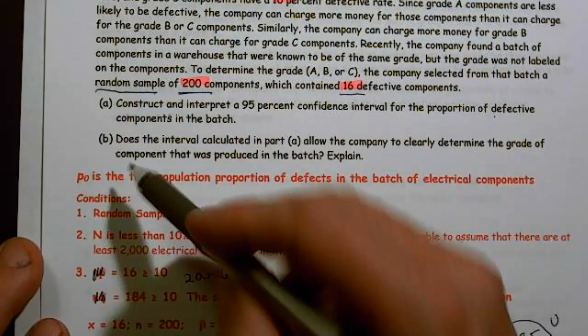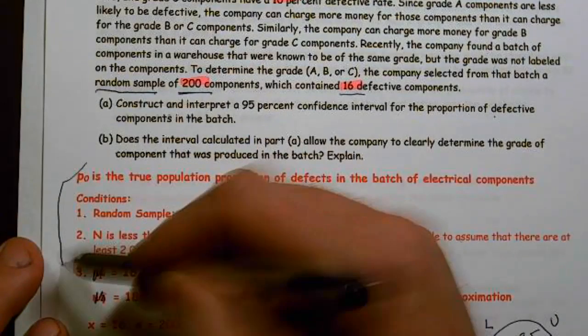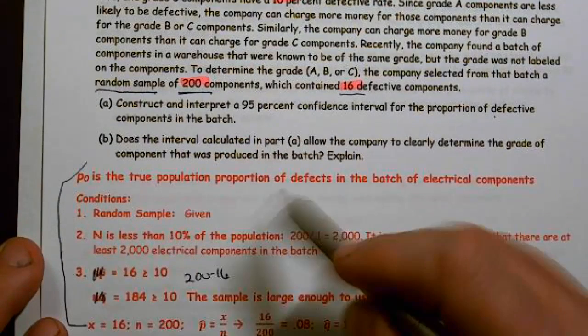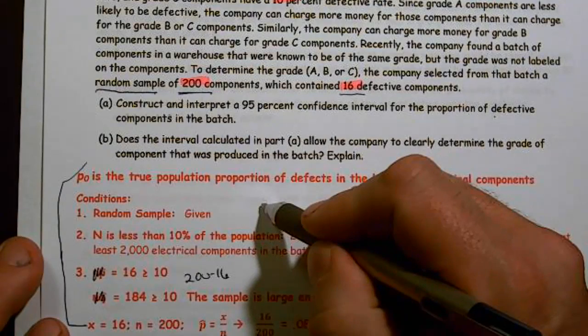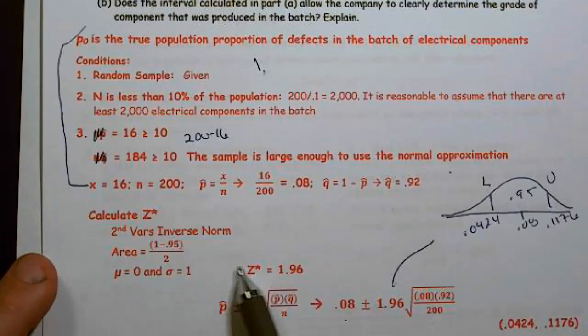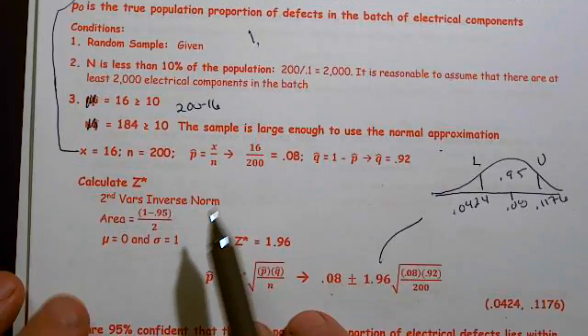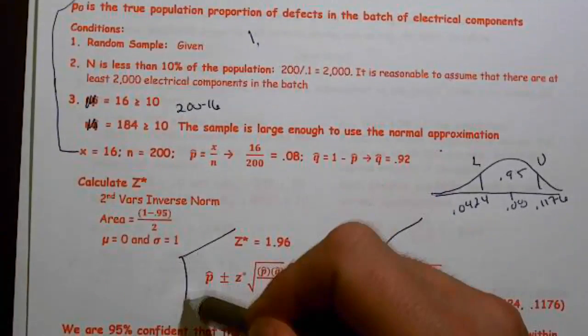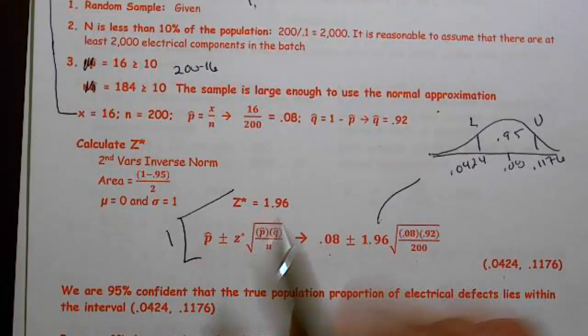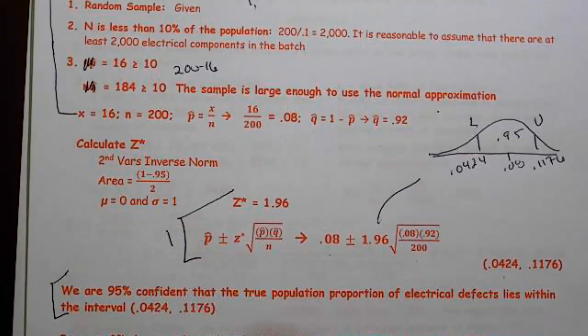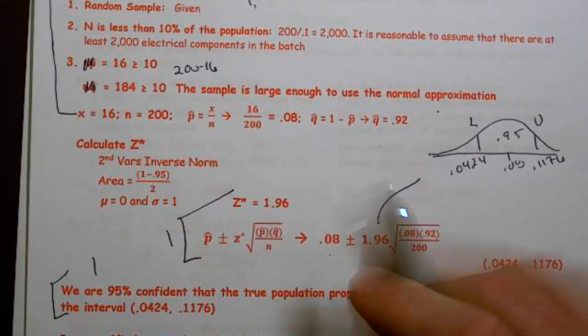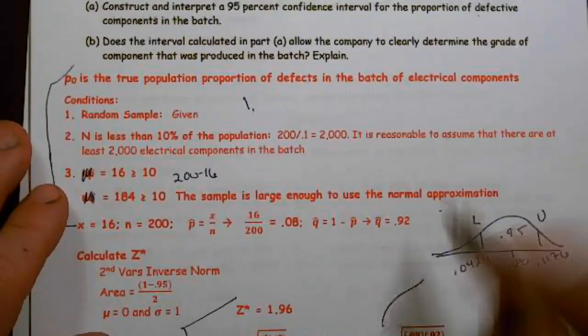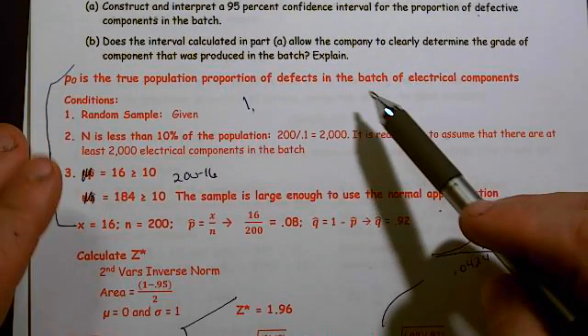Okay, and if we were scoring this first section up here, the conditions and the definition, that gives you 1 point. The actual work in successfully calculating the confidence interval gives you a point. Your conclusion about the confidence interval gives you a point. And then we have part B, which will get to the 4th point.